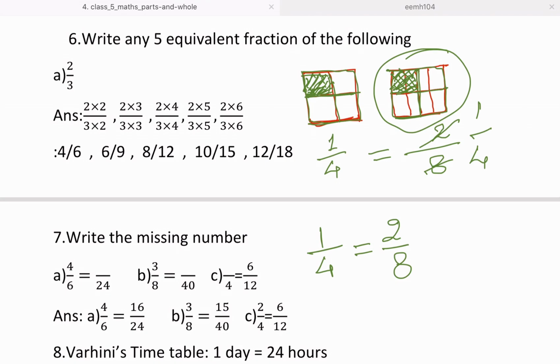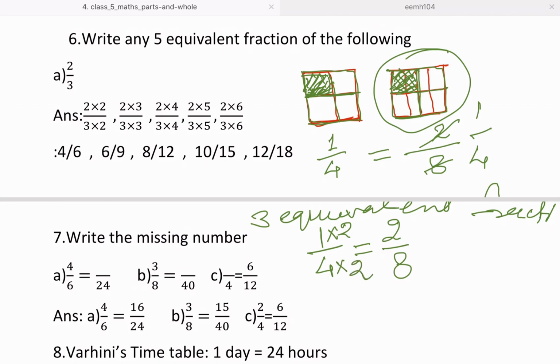If you are asked to write 3 equivalent fractions of 1 by 4, then you will multiply it by 2 into 2.